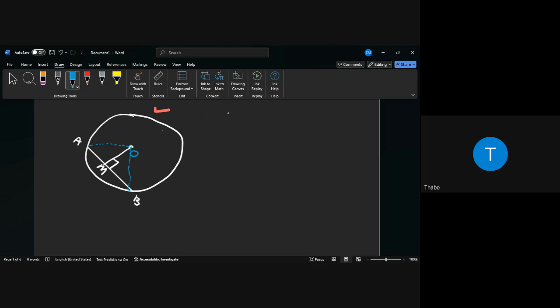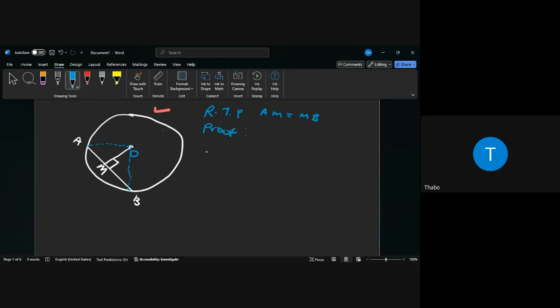What do I write first before I start my proof? From our last session, I told you to start by saying required to prove that AM is equal to MB. That's what you're required to prove when you write a proof.